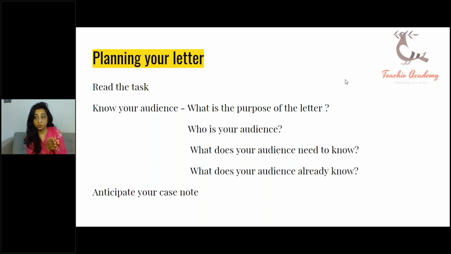One thing that I tell my students to always do is, now that you know what your audience wants, anticipate your case note. What anticipation of your case note means is that in your mind, you try and guess.